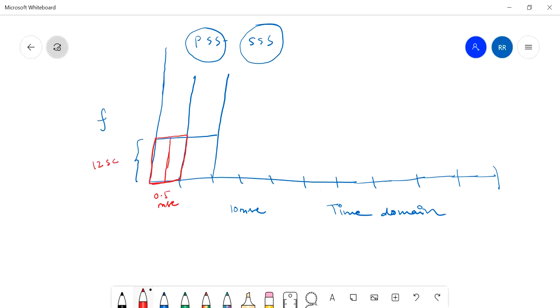So this one is 1 RB. This one is 1 RB, right?